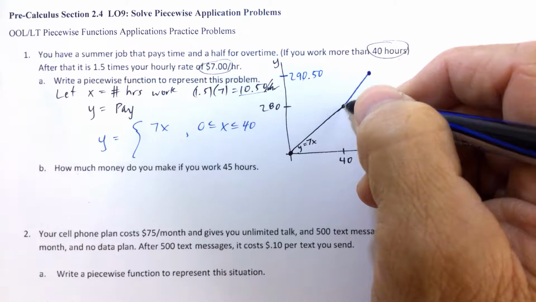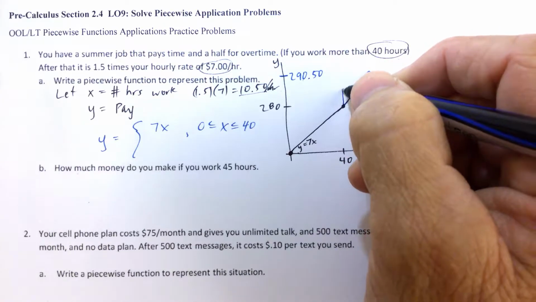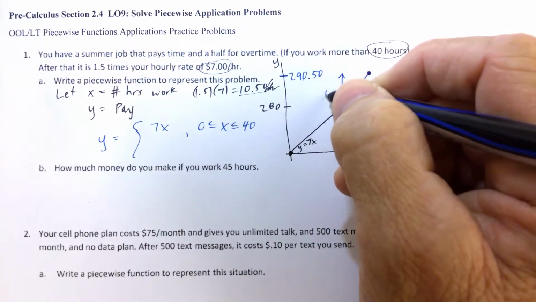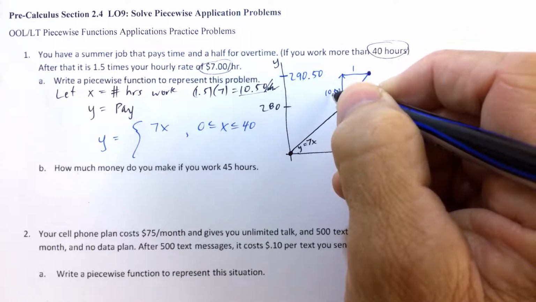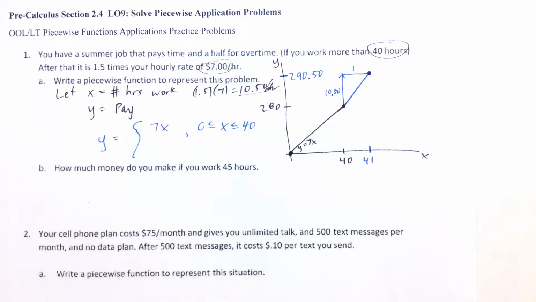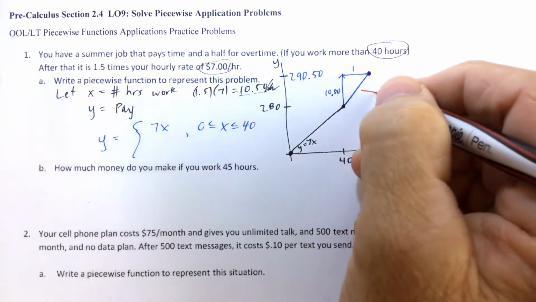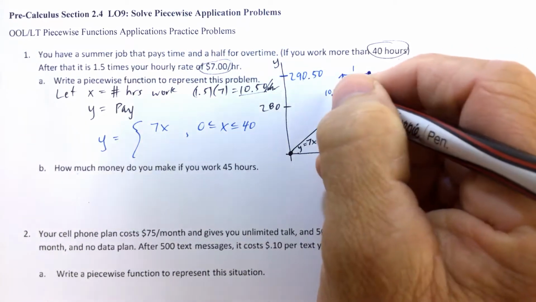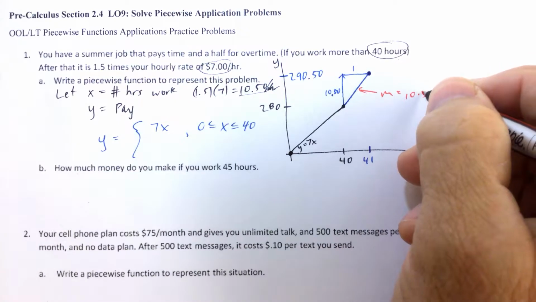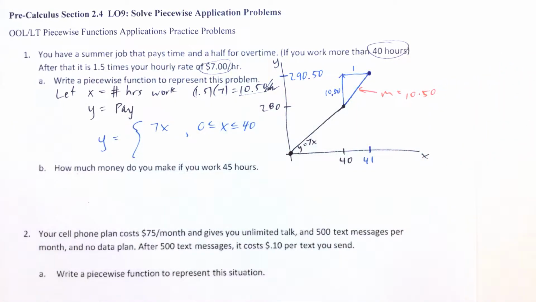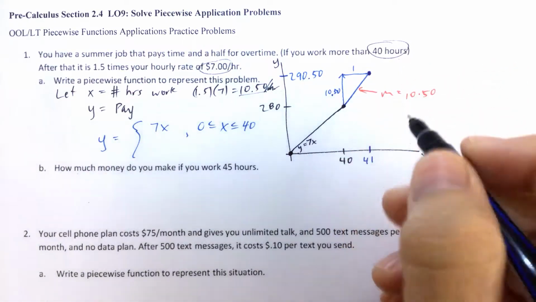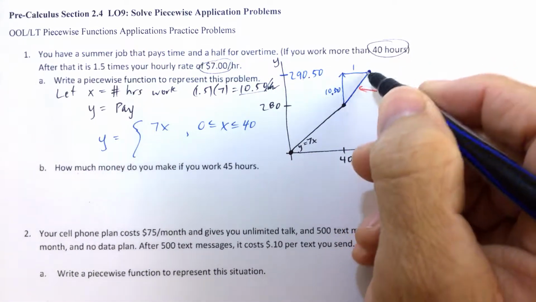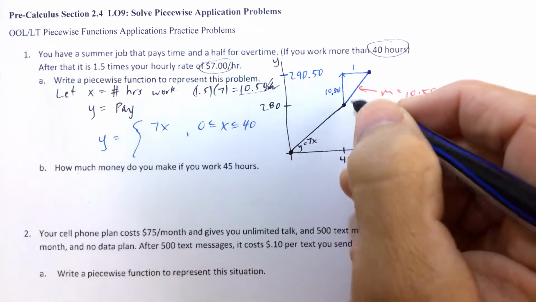I know that for each hour after, I make $10.50. So if I go up $10.50, I go over 1 hour. So the slope of this part of the piecewise function would be 10.50 over 1, $10.50 per hour. What I suggested doing was finding 2 points on the new line, the second piece.